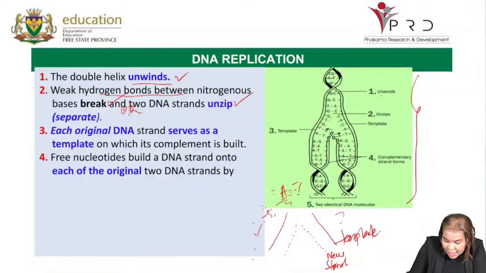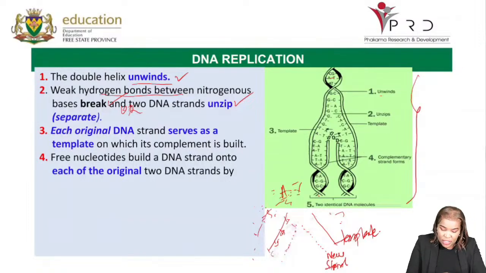So when they see that here is a T that is open, here there's an A that is open, here there's a G, here there's a C, the complementary ones from the nucleotides are going to come and complement here. So the sugars will come and form a backbone, and then the nitrogenous bases will complement the ones that are already open.